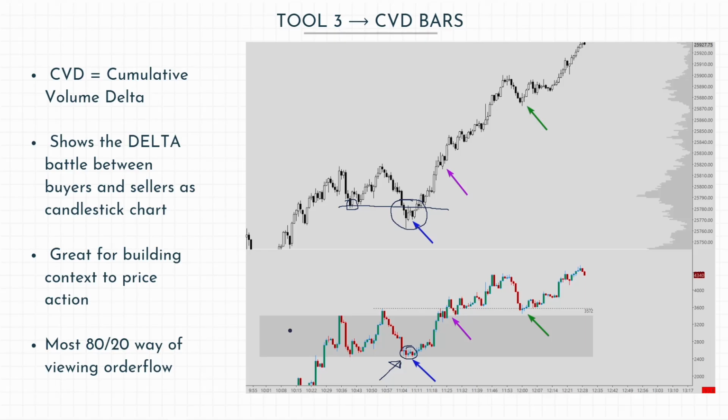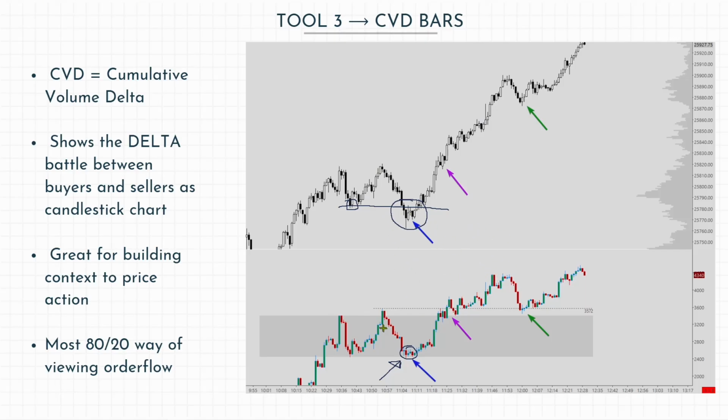Large participants understand that markets are a competitive place. It's a battle between buyers and sellers. A lot of times they will lay traps for the opposing player.